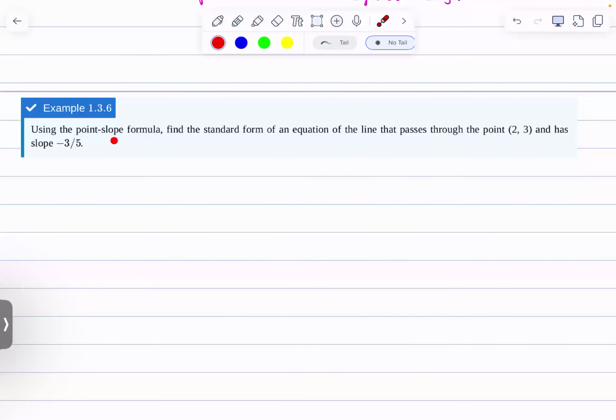Using the point slope formula, which was the one we just saw. Oh, question, yeah, sorry.